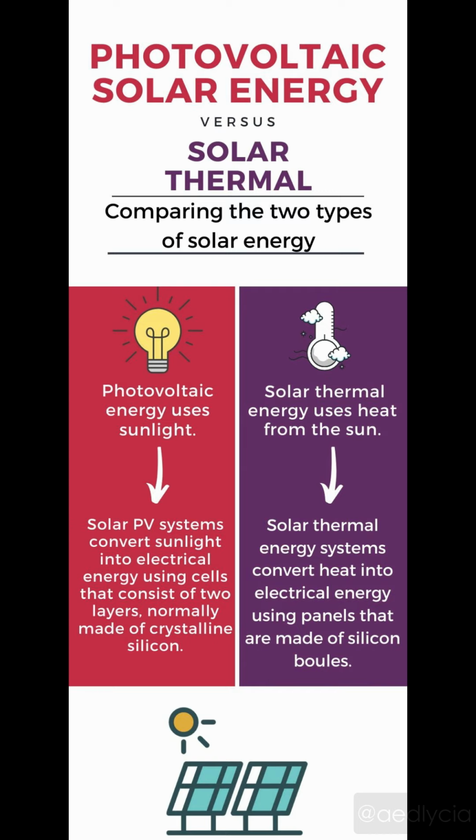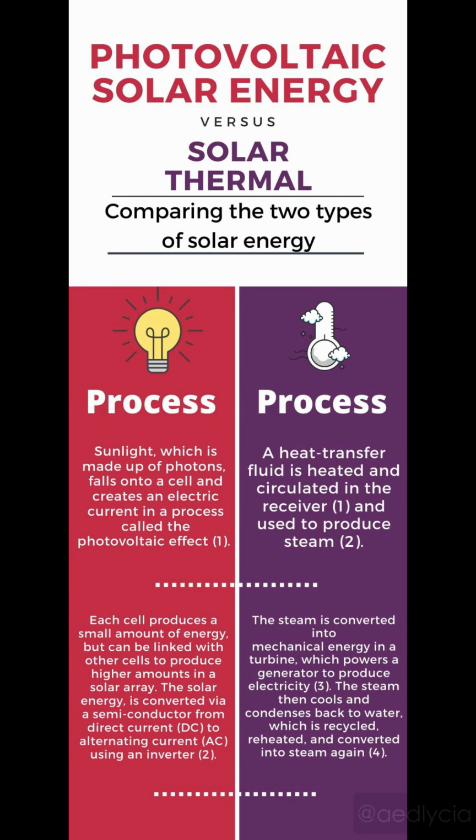As I mentioned earlier, solar PV uses sunlight, while solar thermal energy uses the sun's heat. The process of solar PV energy is when sunlight falls onto a cell and creates electricity via a process called the photovoltaic effect. It is converted using a semiconductor from DC to AC in an inverter.